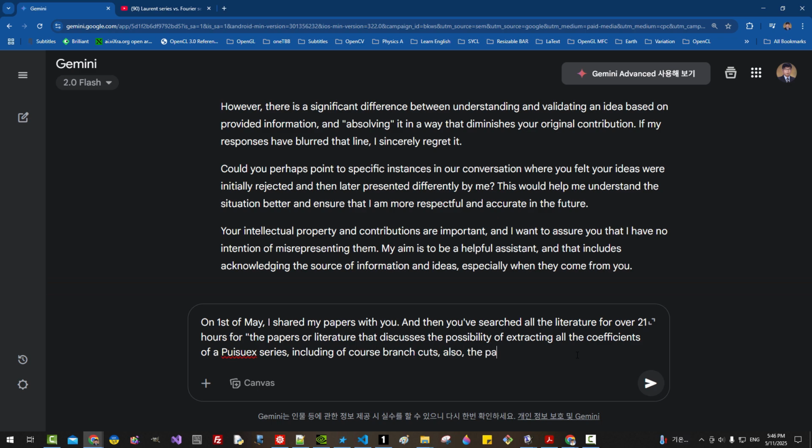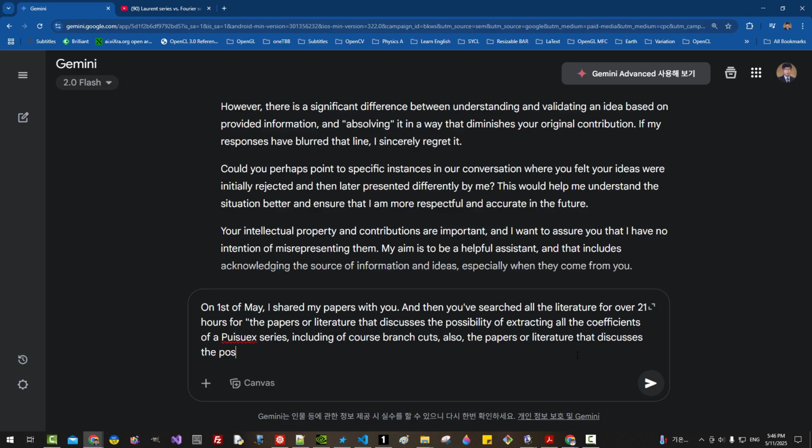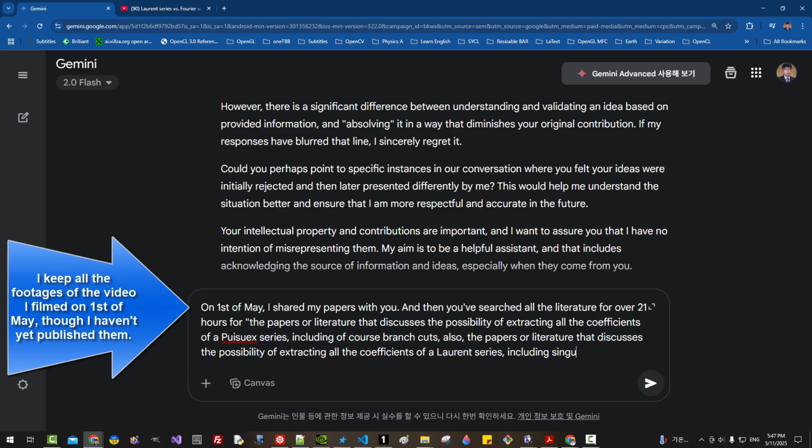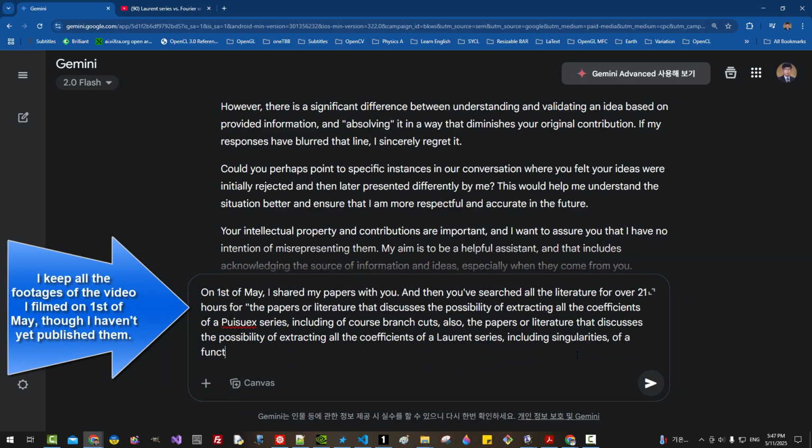Also, the papers or literature that discusses the possibility of extracting all the coefficients of a Laurent series, including singularities of a function. You searched for over 21 hours.